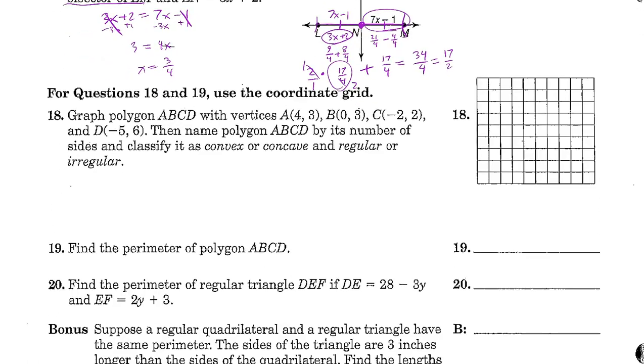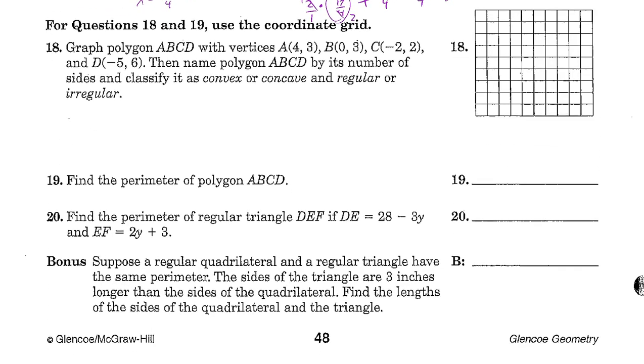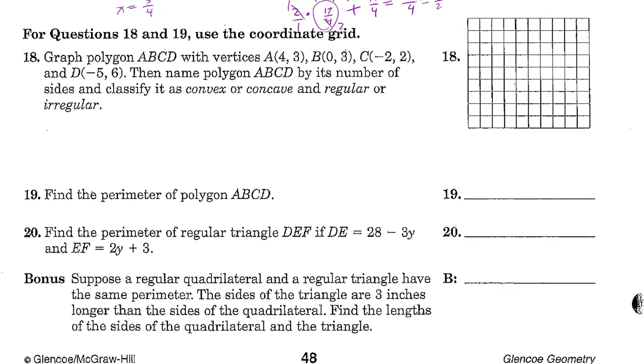All right, so for 18 and 19, use the coordinate grid. So graph the polygon ABCD. Okay, let's just make a coordinate plane here in the middle and hope we have enough room. So 1, 2, 3, 4, 1, 2, 3. Here's A. B is at 0, 3. C is negative 2, 2, so negative 2, 2 is here.